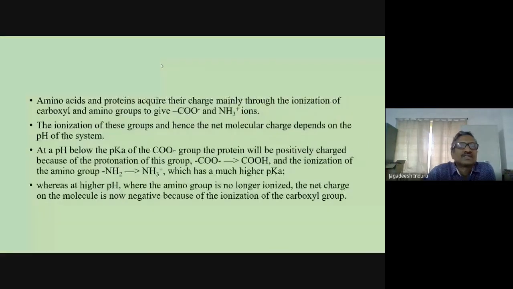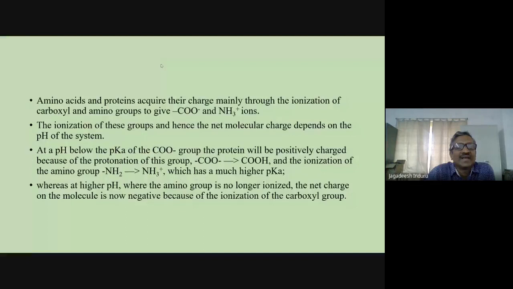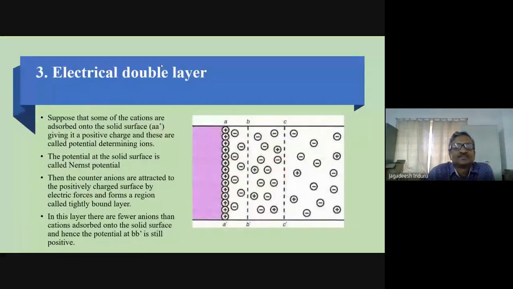So first, we have seen surface ionization, which gives an ionized particle. Another one is the electrical double layer. After surface ionization, how do we get a double layer? We have already seen this in disperse systems.